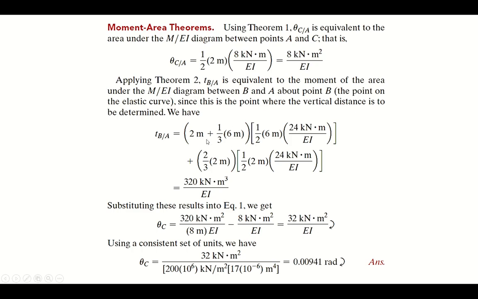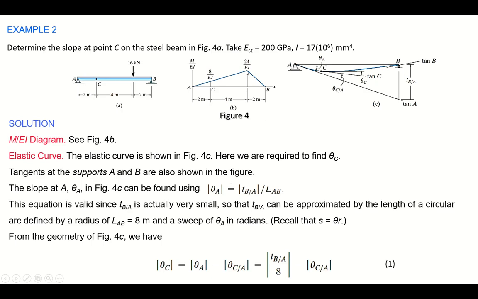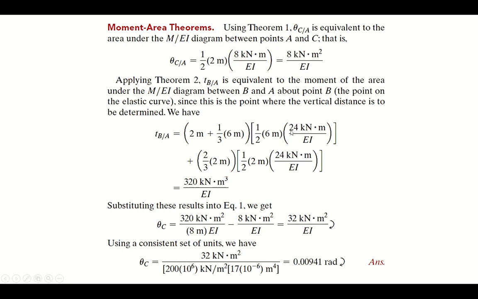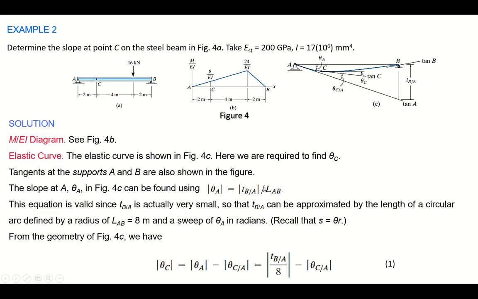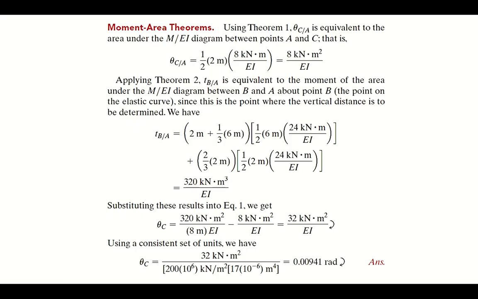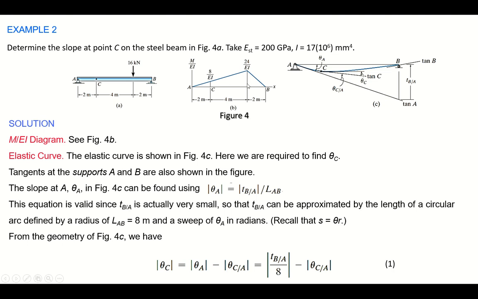Into this is the perpendicular distance or the moment arm, multiplied by half into 6 into 24. So 24 is the magnitude, 6 is the base, and it is a triangle, and half is by formula, plus 2/3 of this 2, since this distance is 2 by 3. So 2 by 3 into this 2, right? And this is the moment arm, and into half into 2 into 24, which is the area of this triangle.